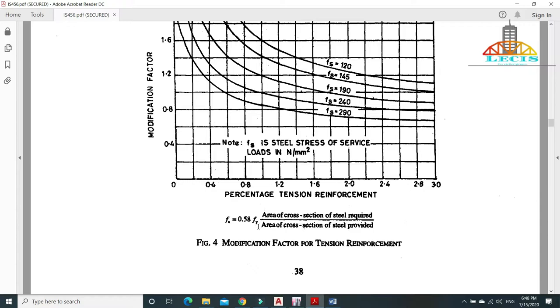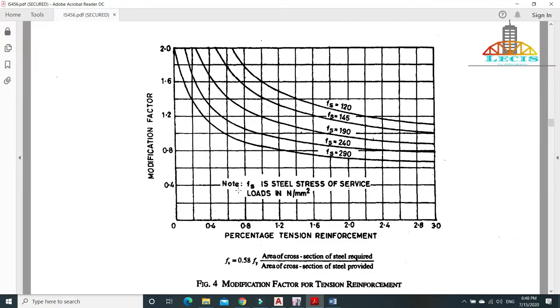Suppose we are using the exact amount of steel required. I mean to say area of cross section of steel required is equal to area of cross section of steel provided. In that case, Fs will be 0.58 times Fy, and 0.58 into 500 equals 290. So we are using the 0.2 percent of tension reinforcement, and this Fs equals 290 curve.